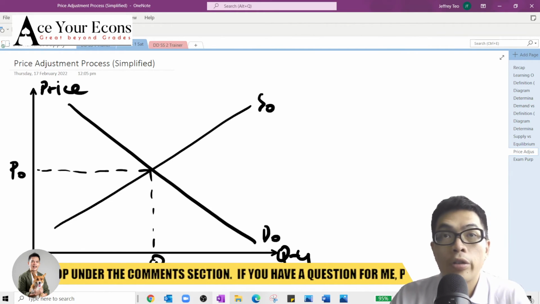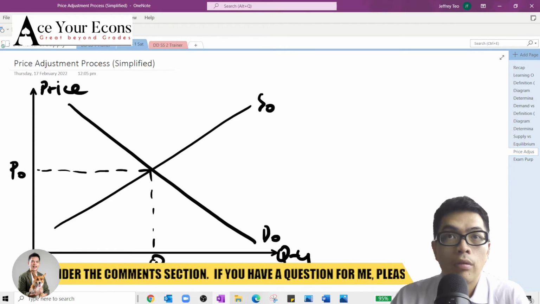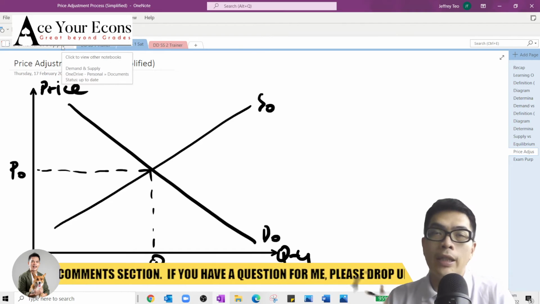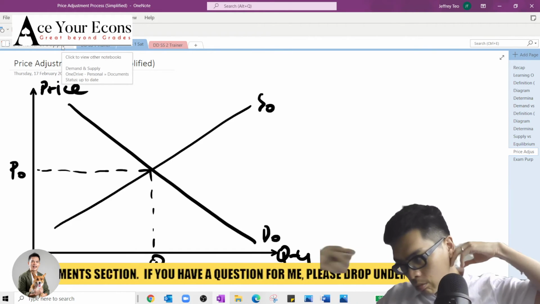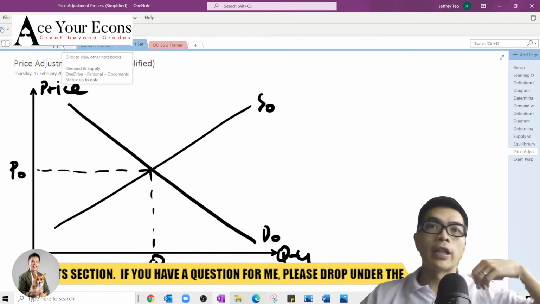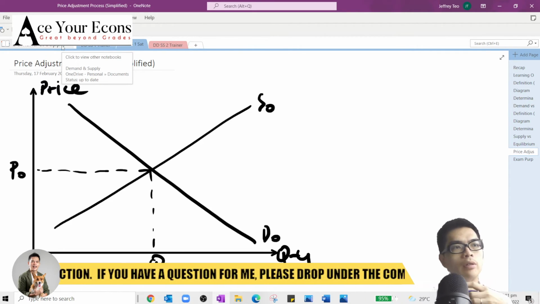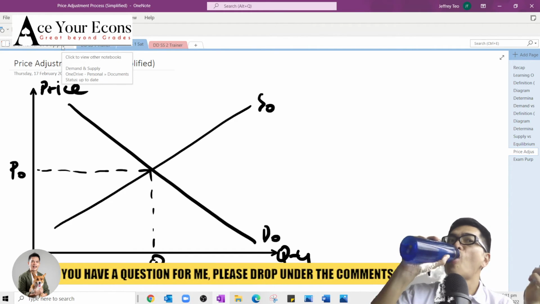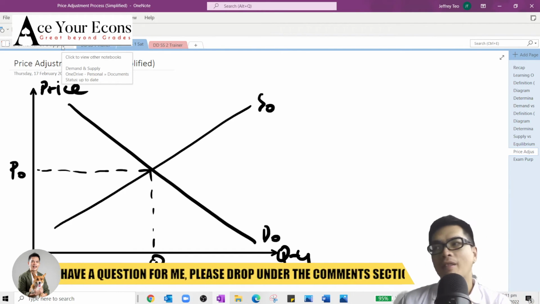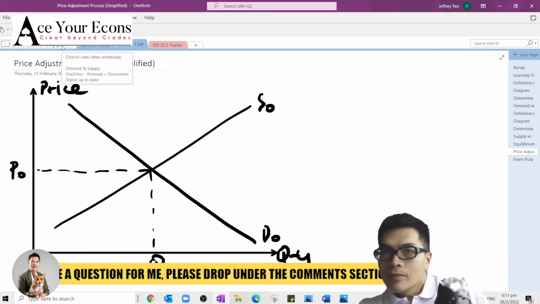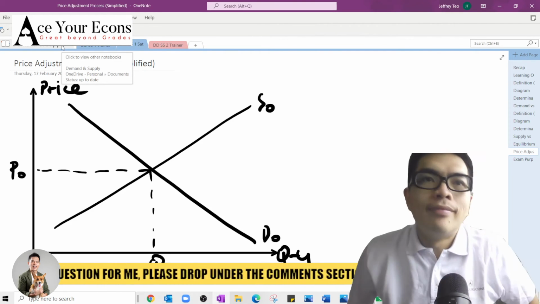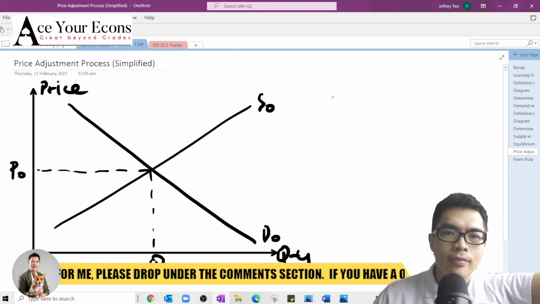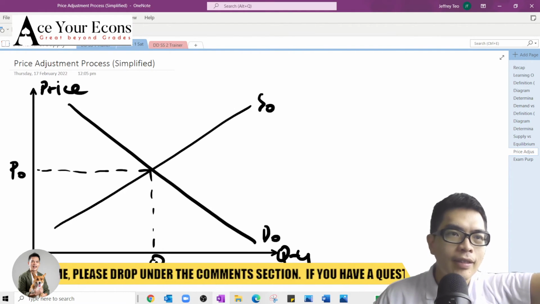Just now we have shown a shortage, right? Now let's look at how we are going to illustrate a surplus. Can anybody tell me what will cause a surplus to happen? Which factor will cause a surplus to happen? A bit tricky, right?